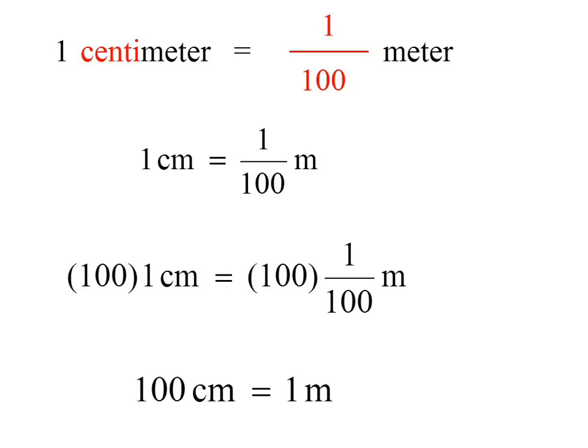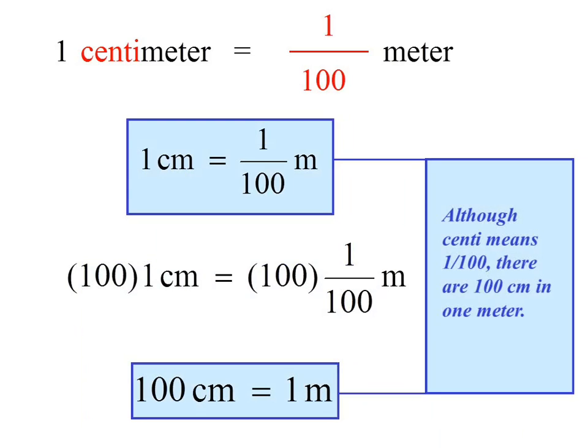Again, you'll get some practice at doing the same thing to both sides. So what we've got are 2 equivalency statements that link the unit of centimeter with the unit of meter. They're both great.